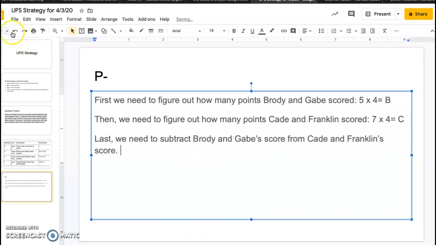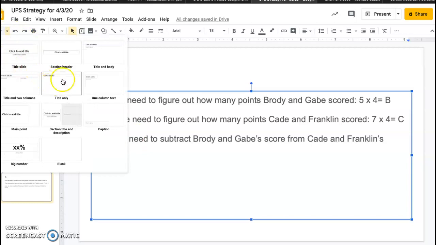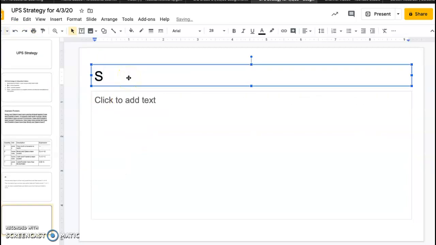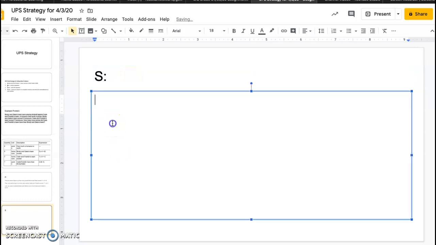Okay, now let's do our S. Let's solve it. So, Brody and Gabe are going to be 5 times 4, which equals what? 20 points.